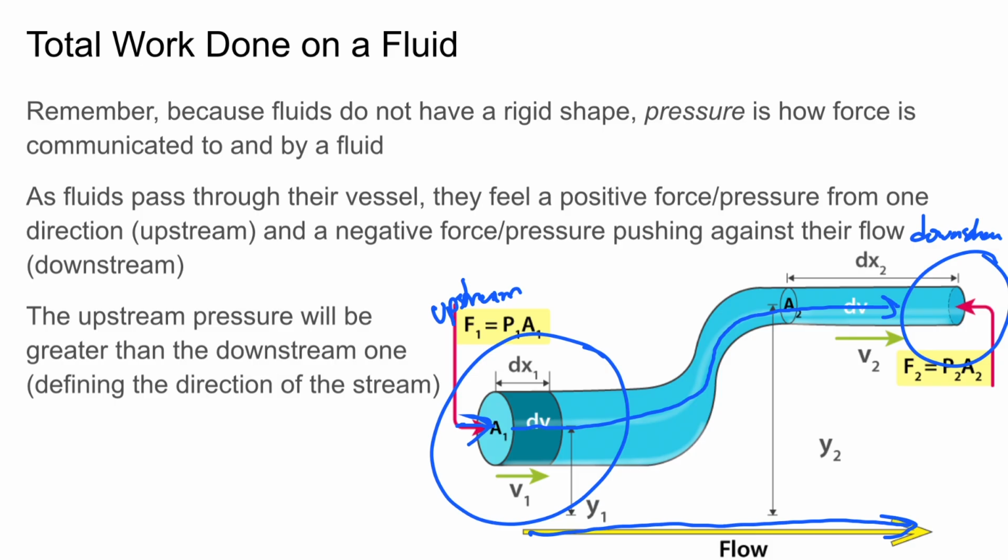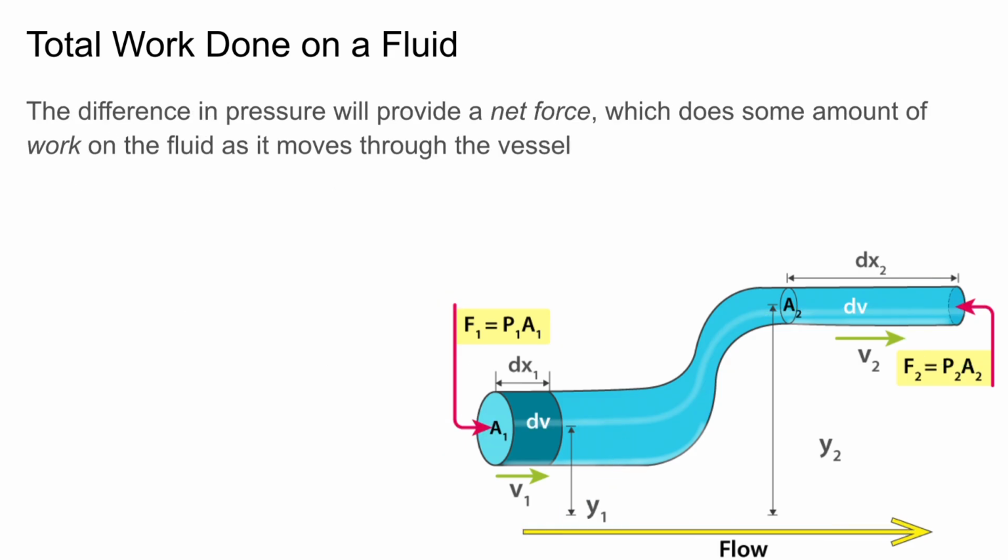And there's going to be some pressure on the outside, in the environment at the end of this vessel as well. That pressure is going to be pushing back in the opposite direction, right? So there's that negative pressure downstream and a positive pressure upstream. That difference in pressure will provide a net force, which does some amount of work on the fluid as it moves through the vessel.